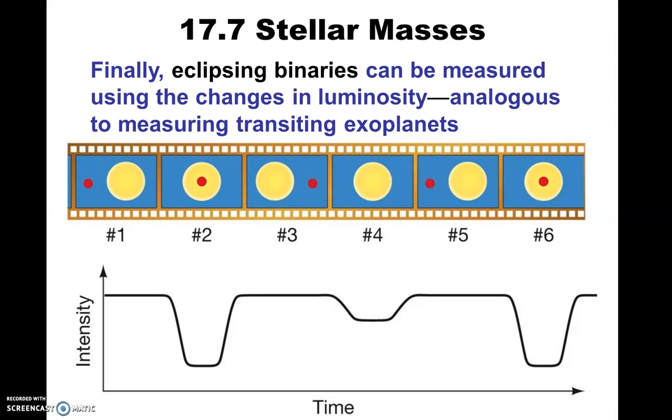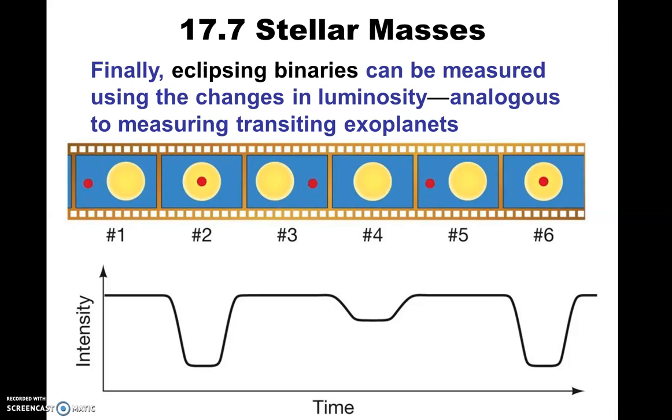And this works very similarly. We knew about this long before we could detect planets around other stars, but this is the exact same method that we use to find what are called extrasolar planets. In this case, though, it's two stars orbiting each other. I've probably mentioned multiple times that in our galaxy, the majority of stars have a companion.